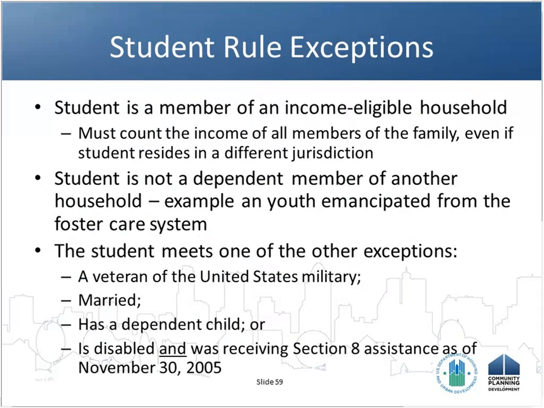And so we could simply look at that student and their dependent child, look at their income, and be able to qualify them in that way, even though they are a full or a part-time student, because they've met one of our exemptions. Great. And so they're asking, the student rule applies regardless if they're full or part-time? Is that correct? That's correct.